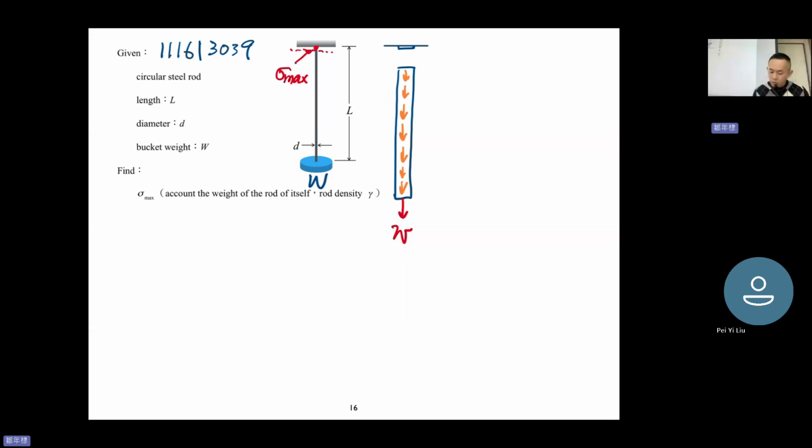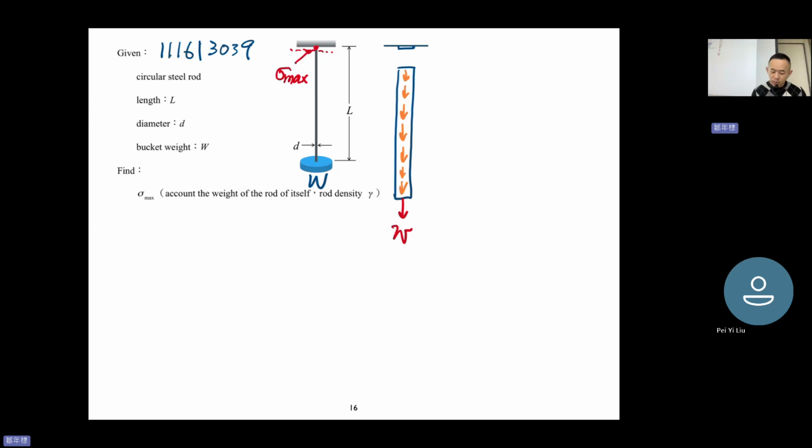So you can see that this is the force and the force due to the self weight. So these forces are all there, right? If you cut that and separate that, the forces are there. If you don't do anything here, this part will fly away.